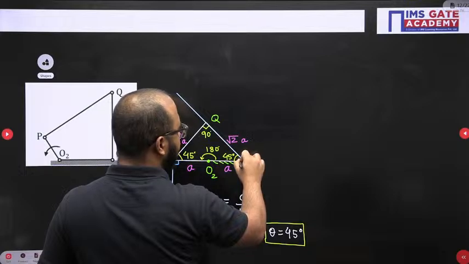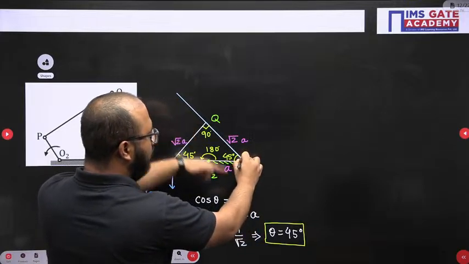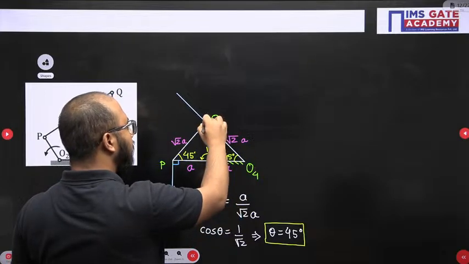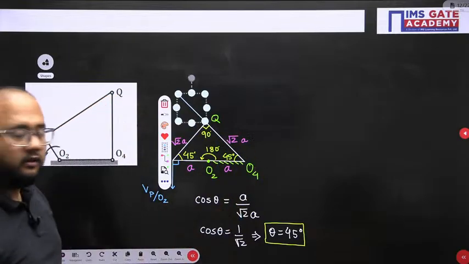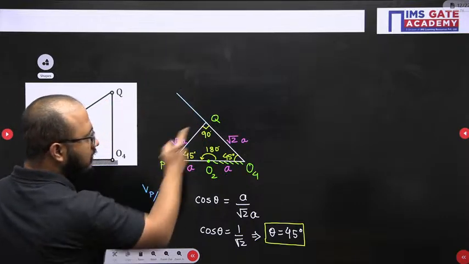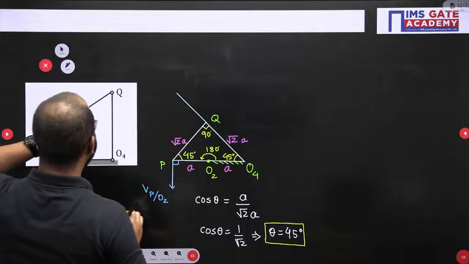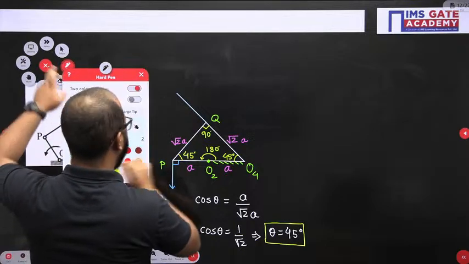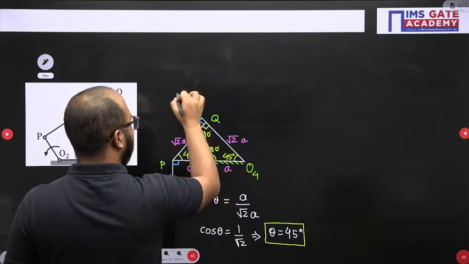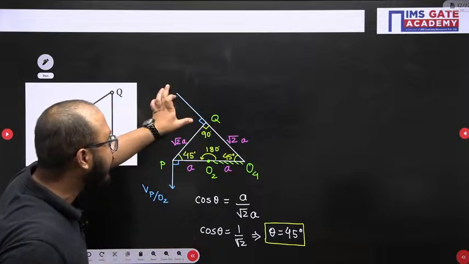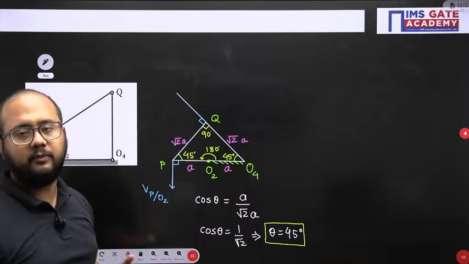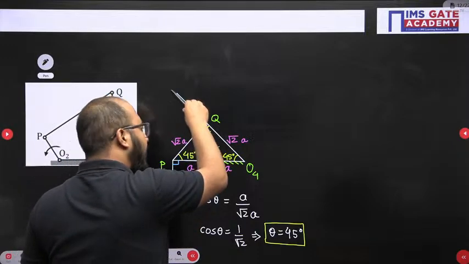Remember, because PQ and QO4 are perpendicular to each other, that vector will be along QO4. That is fine as far as our concept is concerned. That point you should remember.